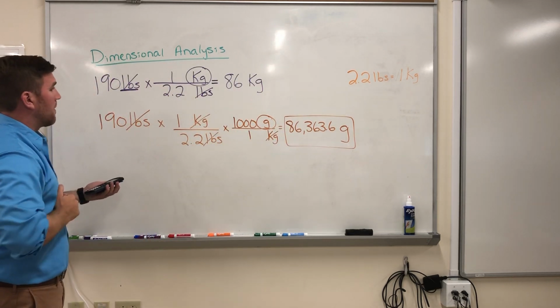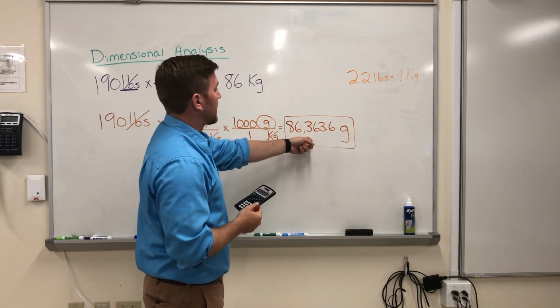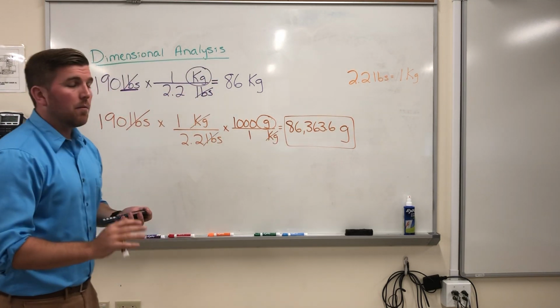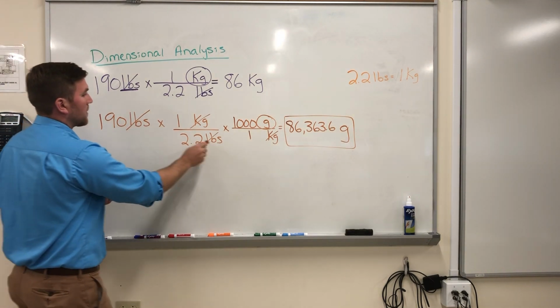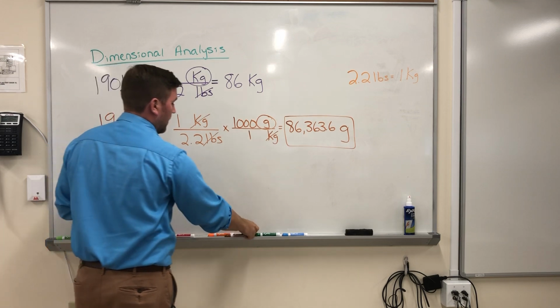And so I found that by using the 2-step dimensional analysis problem to give myself an answer in grams. But it's all based on units. So pounds cancel, kilograms cancel, and I'm left with grams.